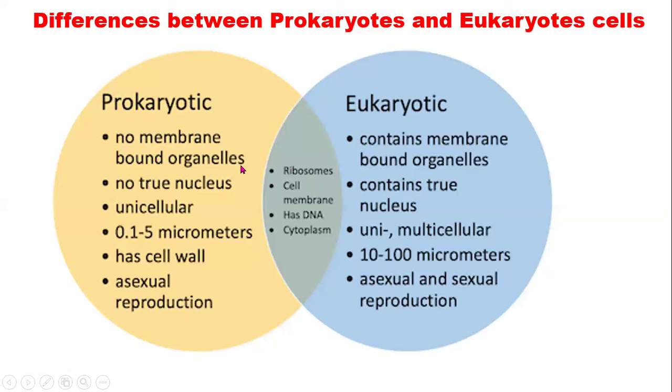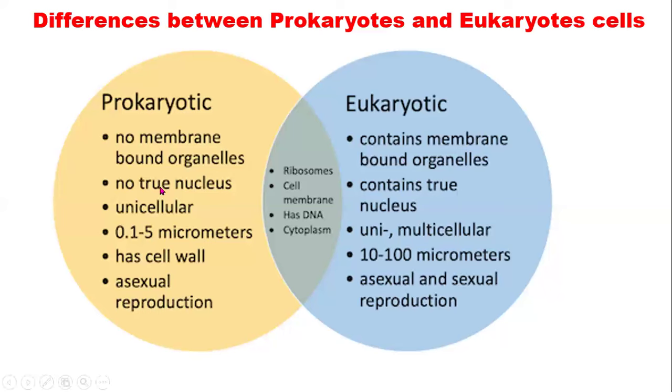While eukaryotic cells contain membrane-bound organelles. For instance, it has the nucleus, it has nuclear membrane, right? Remember, the mitochondria also has membrane. All these organelles have membrane. So eukaryotes contain membrane-bound organelles, while prokaryotes do not.